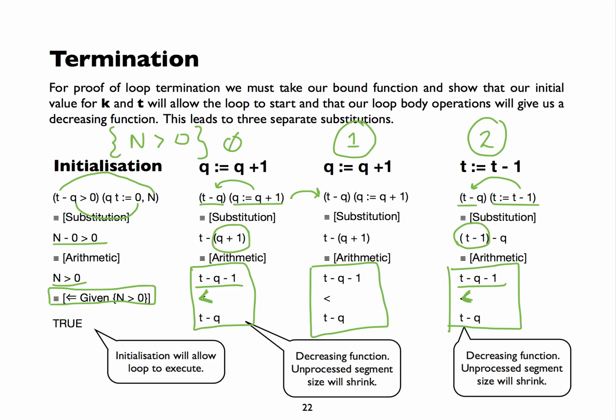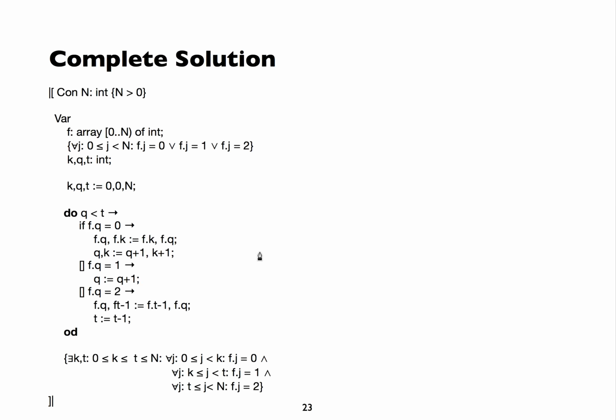The final stage is to rewrite everything out as a full program. So if you look at the full program, well, we still have our constant, we still have our variable section, our array is defined as it was in the specification. We have an assertion to state that the array contains only zeros, ones, and twos.